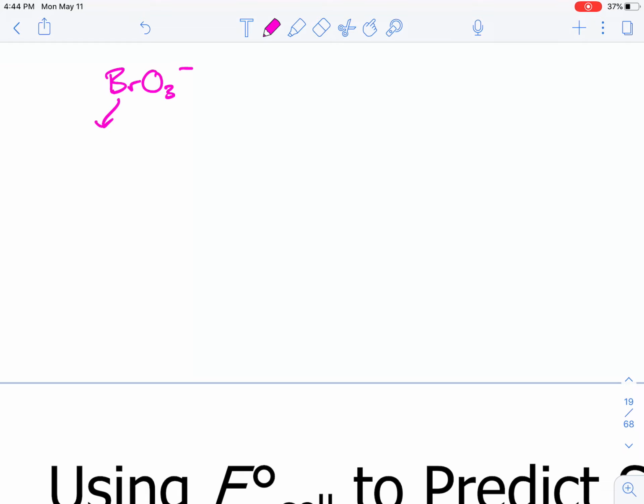And so for bromine in bromate, since we don't know the charge of bromine, we're going to set that as X. Since there's only one bromine in bromate, it's going to be 1x. And then I'm going to add that to 3 times the oxidation number for oxygen, which is -2. Now, in the previous example, I said that everything equals 0.